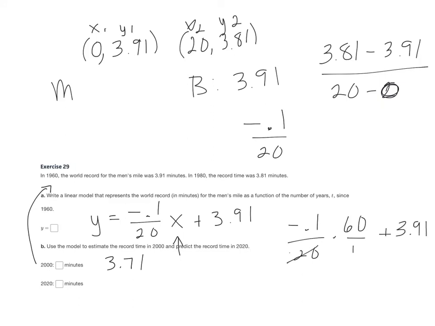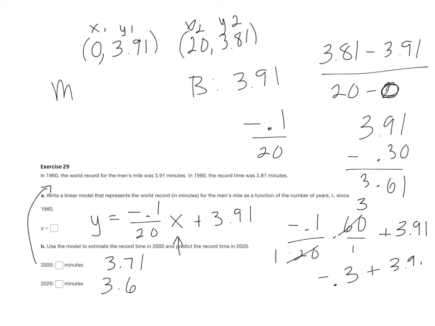So I'm going to cross cancel here. 20 goes into 20 once, 20 goes into 60 three times. So negative 0.1 times 3 is going to be negative 0.3 plus 3.91, which is going to be the same as 3.91 minus 0.3. That's going to give me 3.61.